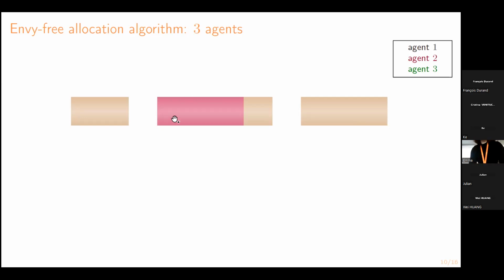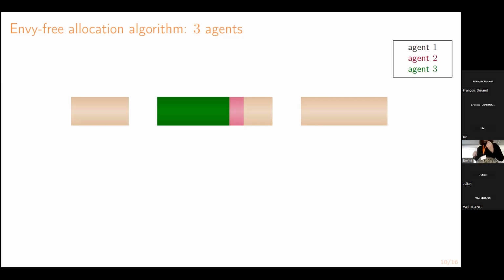Imagine that here, agent 2 says, if I cut the cake here, this piece of cake has the same utility as my second favorite. So we could imagine that, for example, this is their second favorite, and they say that this equals this. Then you ask agent 3 to do the same. For them, cutting like this is equal to their second favorite piece.